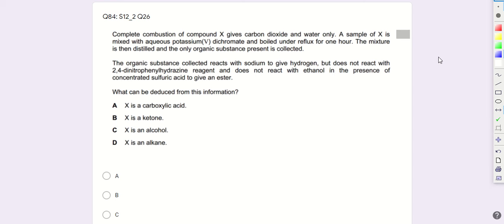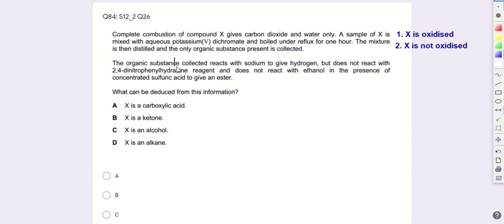So there are two possibilities. One is X is oxidized, but they didn't want to tell us the observation. Another possibility is X is not oxidized. That's why it's tricky, because X can be oxidized or not oxidized. Never mind, let's go to the next paragraph.